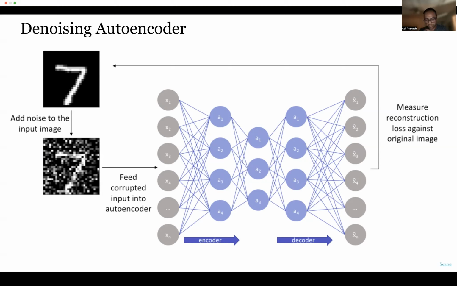For a long time, this was very common to use with images and other data. If you're trying to play around with autoencoders, it's a good idea to play with a denoising autoencoder, because it's easy to evaluate how well you did. You see what has been generated and compare it with the clean image versus the noisy image.